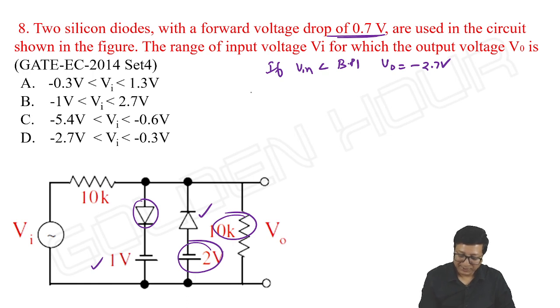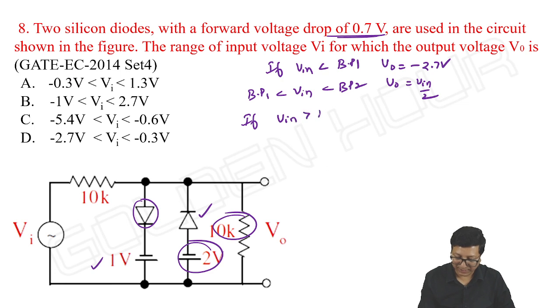Okay, and breakpoint 1 less than V input less than breakpoint 2, then output is equal to input by 2. Next, if input is greater than breakpoint 2, then what happens? This diode is on, this diode will be off, and output is equal to minus 0.3.